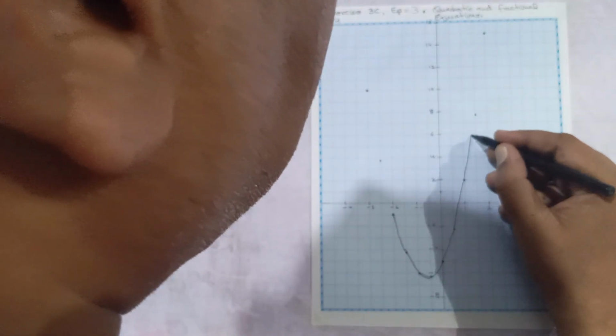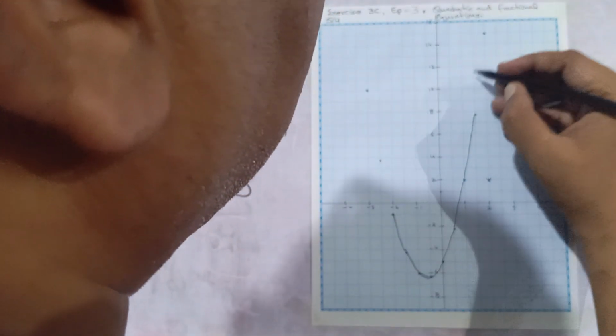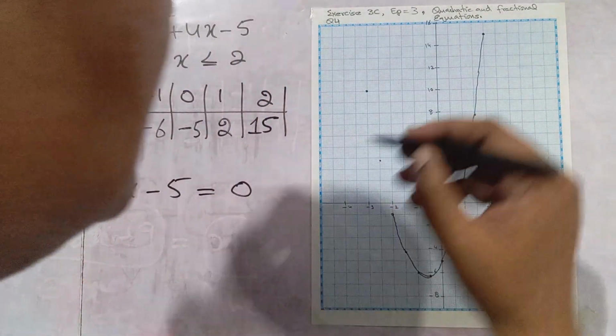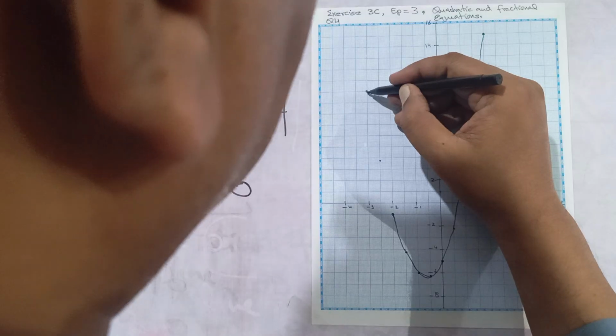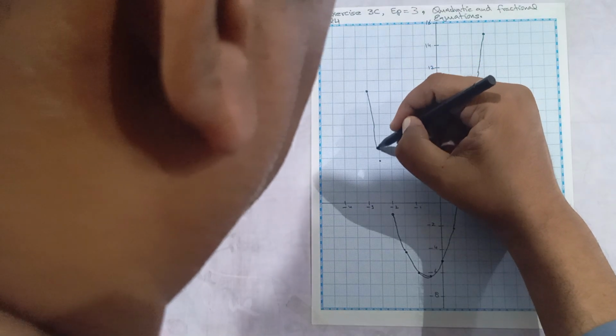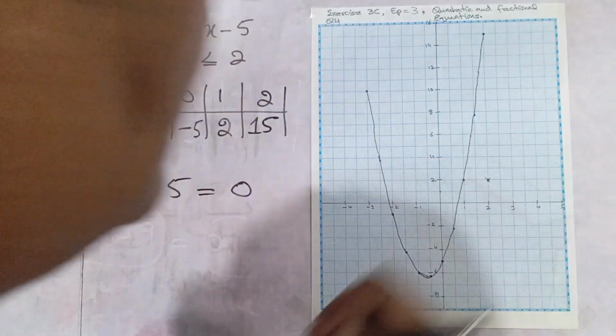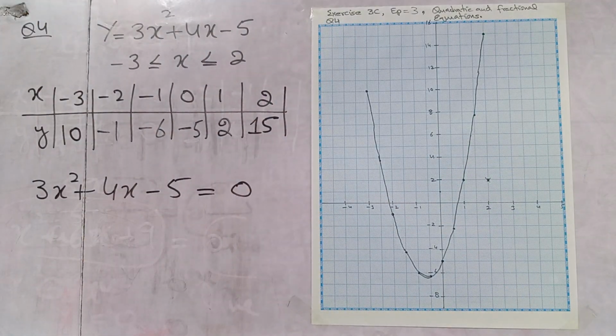Unfortunately, I am doing it with the marker so that it's very clear in the video. But in actual, you will draw this with a pencil, so you have a lot of margin for making it smoother. This shape is called the parabola. So this is how you will draw this.